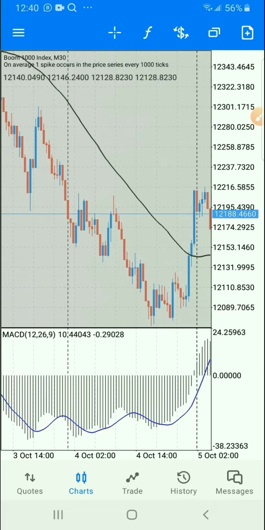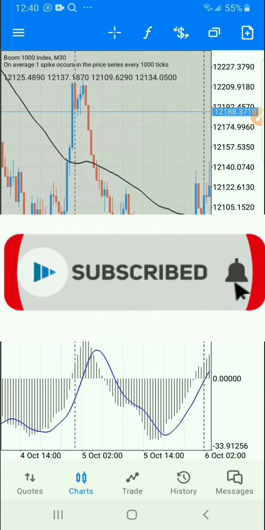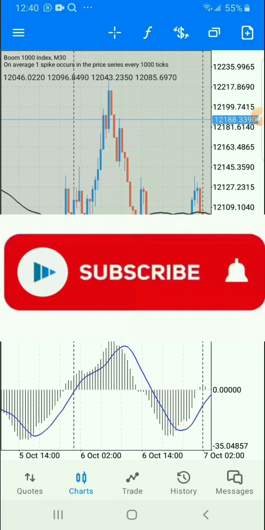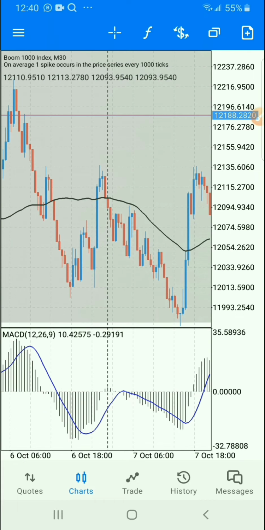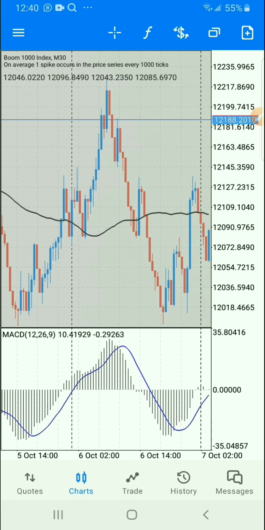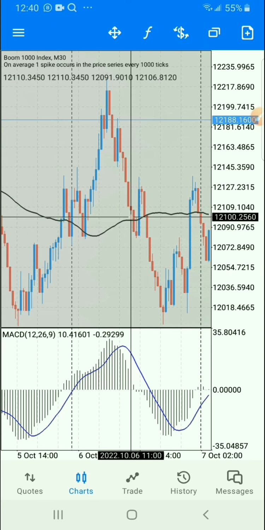Yes, and now let me show you the stop loss for this strategy. Guys, for this strategy I use only one method of stop loss, and that is the most profitable and highly secured stop loss that I use. Let me show you something like here, because this is the trade that we lost.